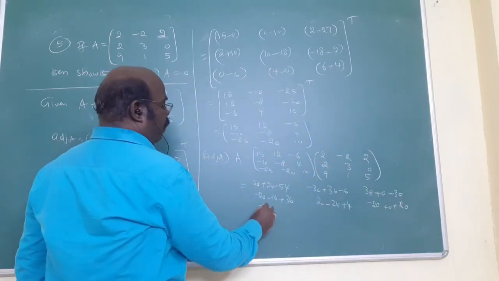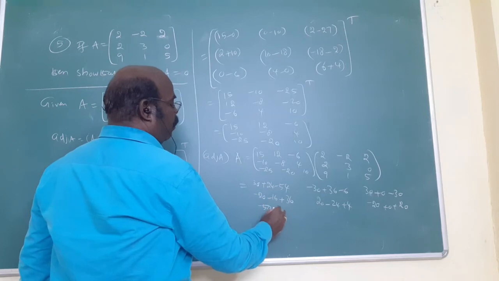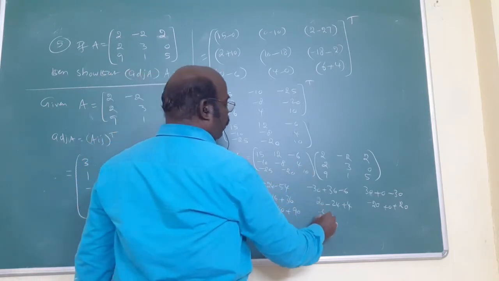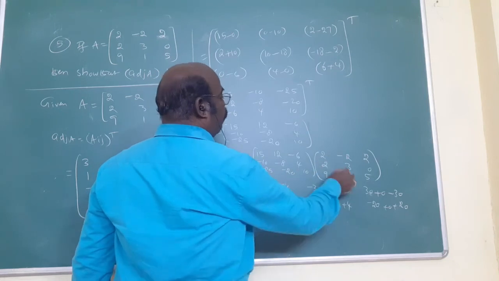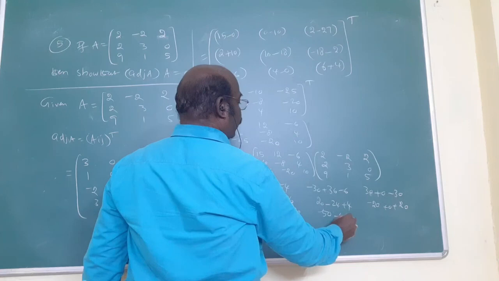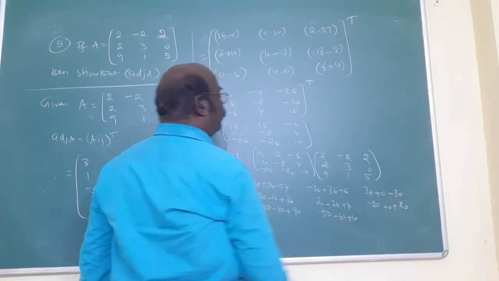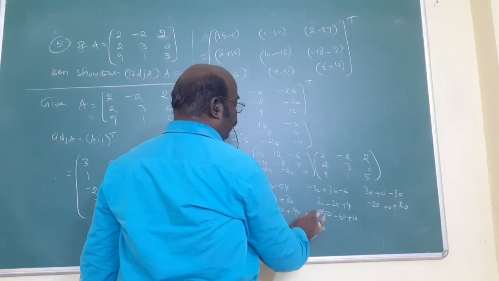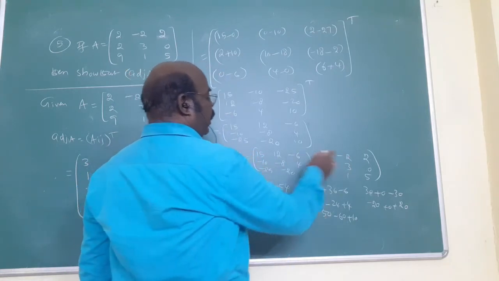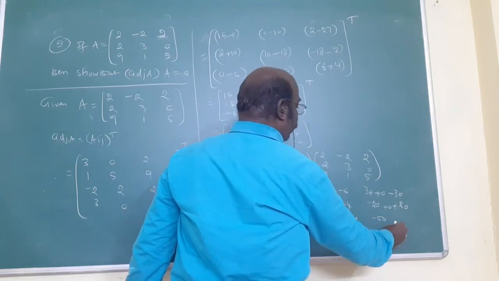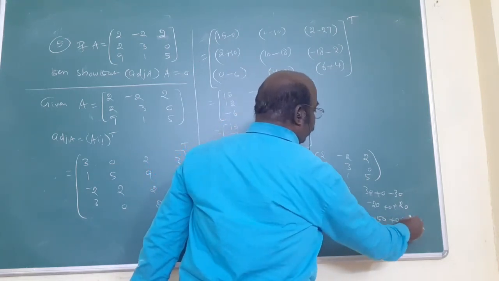Last, minus 50 minus 40 plus 90. Next, minus 50 minus 60 plus 10. Actually, minus 45 into minus, you know, that is plus 50. Next step. Again, minus 15 plus 0 plus 50.